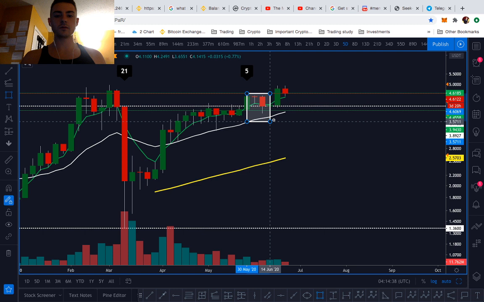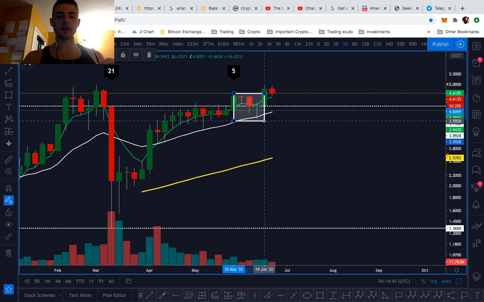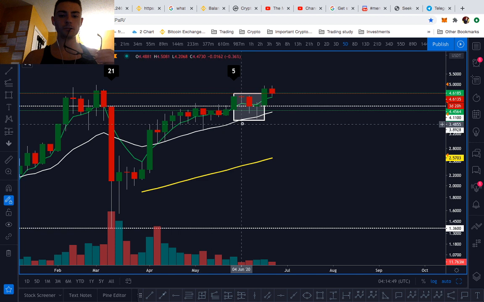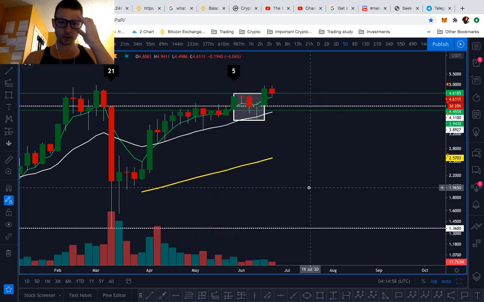So see this right here? Analyze this on a 5-minute time frame, and tell me what happened when it hit this line right here. Does that make sense? Of course it makes sense. It's all about time. It really is.